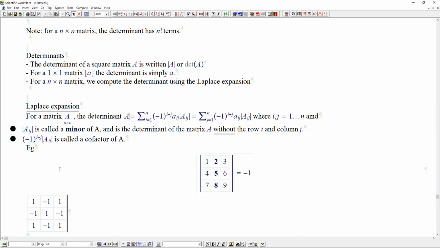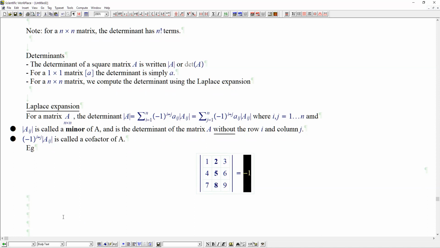It just interchanges, and it's neatly expressed by -1 to the exponent i plus j. You can imagine if you have a 4 by 4, then it's going to be 1, -1, 1, -1, then -1, 1, -1, 1. So it's like a chessboard: black, white, black, white, black, white, black, white. It's always like this.